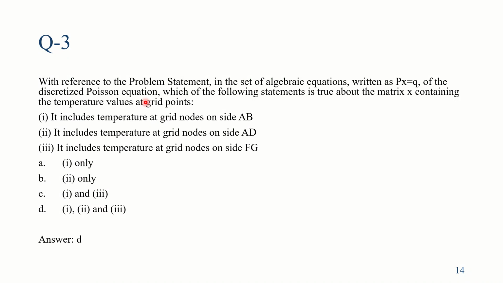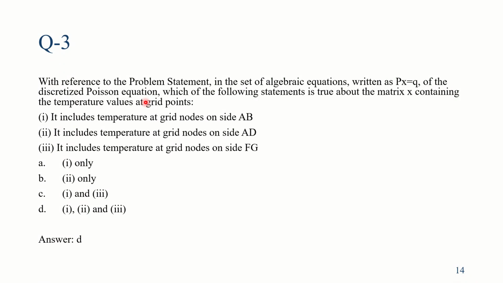Yes. Why? Because X is the temperature value at all grid points. As you all know, after discretization of the equations, we put it in the matrix form, Px is equal to Q. In that, X is the temperature at all the grid points, P is the coefficient matrix, and Q is the constant values.